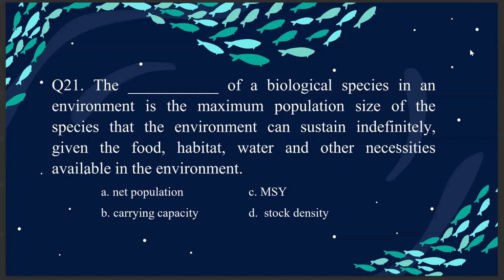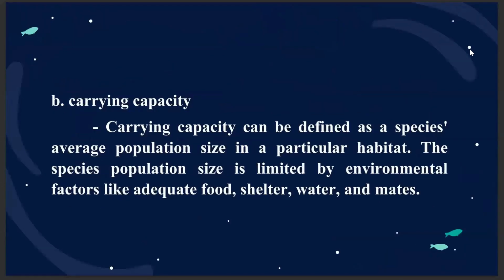Or C. MSY. Or D. Stock density. The answer is B. Carrying capacity. Carrying capacity can be defined as a species' average population size in a particular habitat. The species population size is limited by environmental factors like inadequate food, shelter, and water.